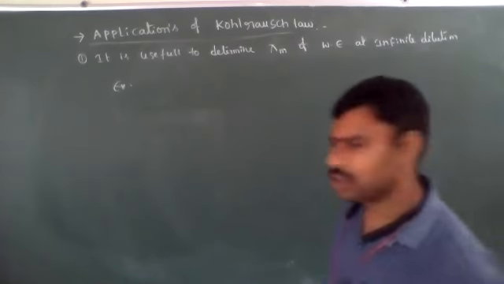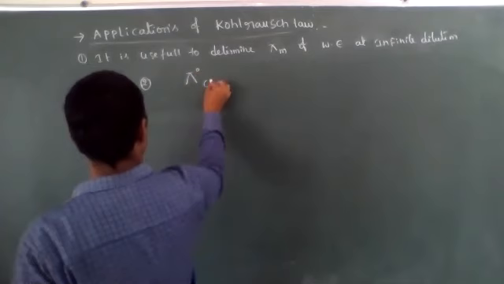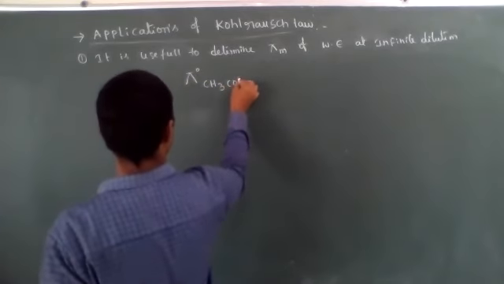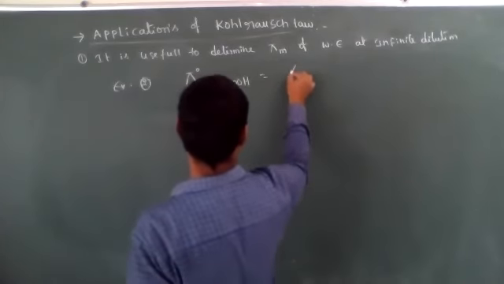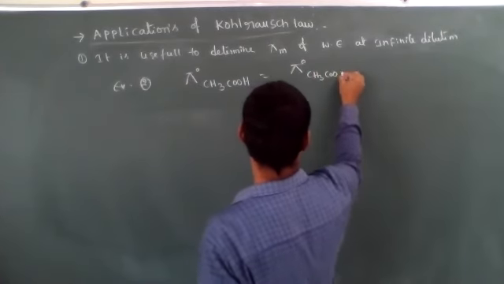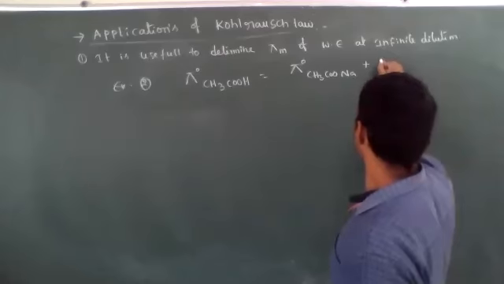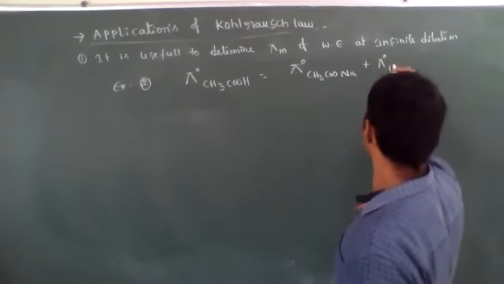The molar conductance of acetic acid, CH3COOH. Acetic acid you want means the molar conductance of CH3COONa, sodium acetate value, plus the molar conductance of HCl.